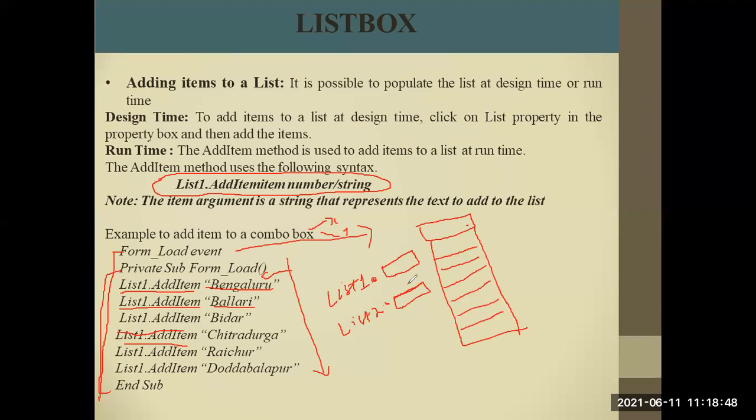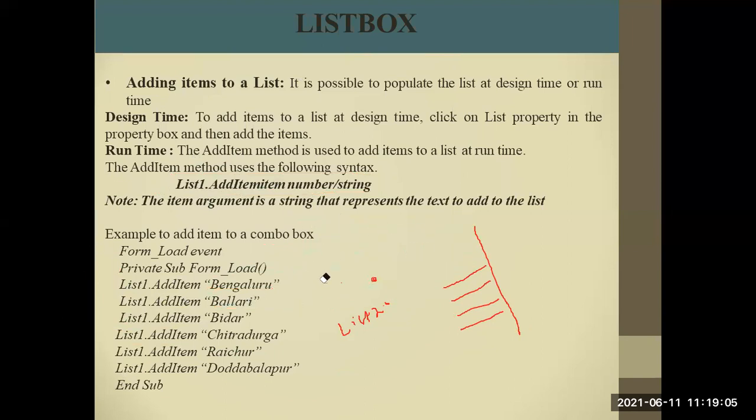अब रन टाइम में भी ऐड कर सकते हैं या फिर डिजाइन टाइम में भी ऐड कर सकते हैं. Okay. So is there any doubt? So what have we discussed today? We have discussed two additional controls here. First we discussed the combo box, which is nothing but a combination of your text box and the list box. Then we have seen there are three different styles of combo box: style 0, style 1, style 2.